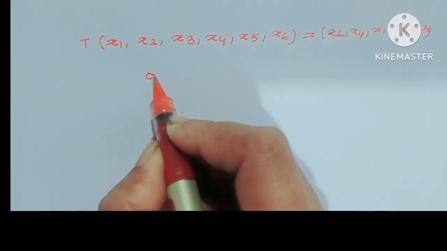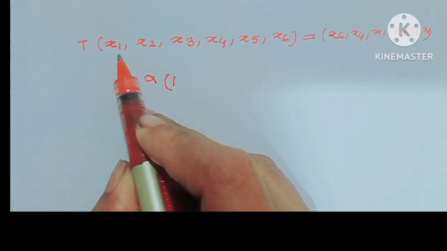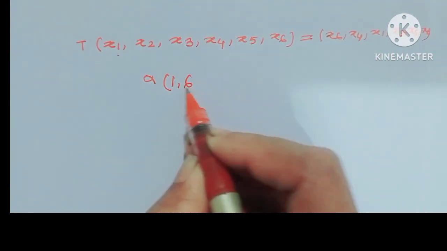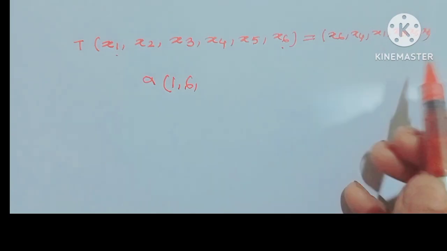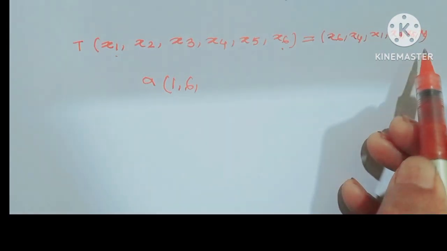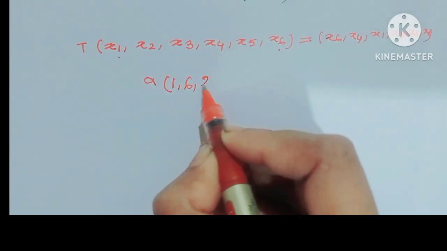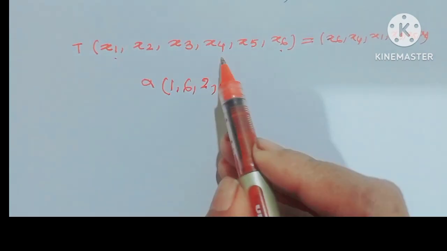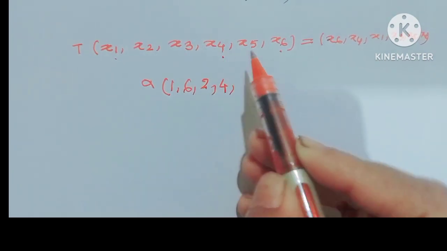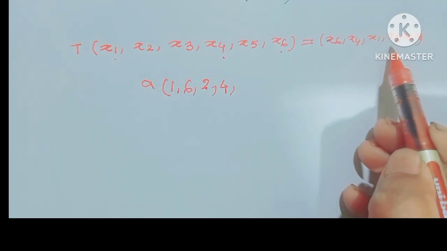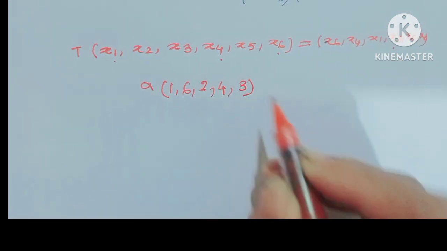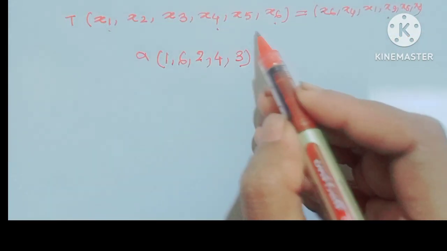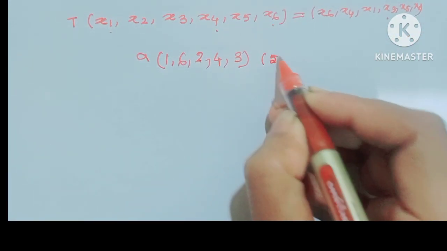Then sigma is: 1 maps to 6, 6 maps to 2, 2 maps to 4, 4 maps to 3, and 3 maps to 1, and the other is a 1-cycle, 5 maps to 5.